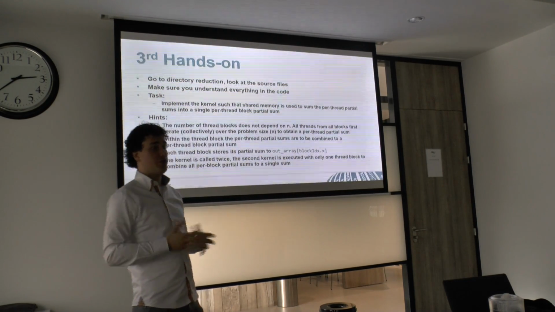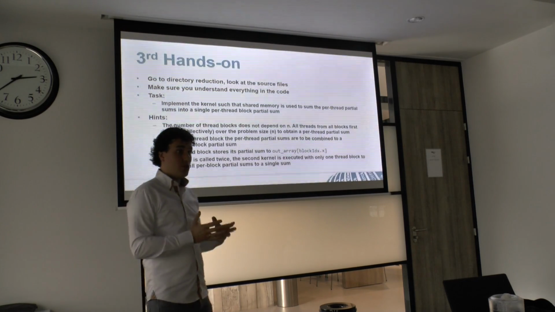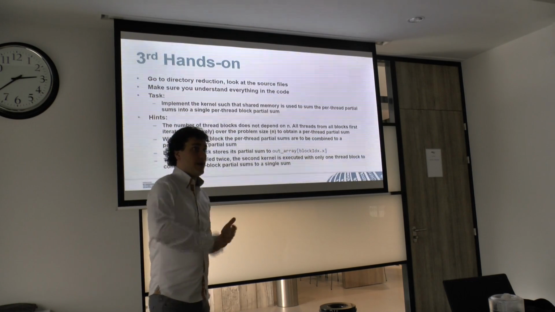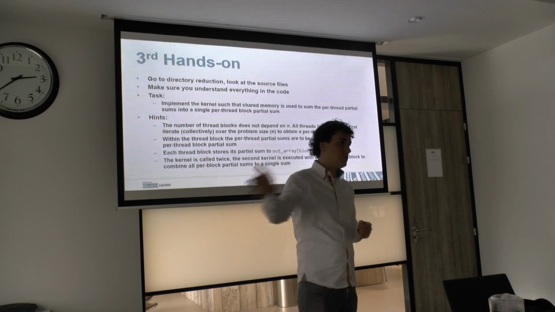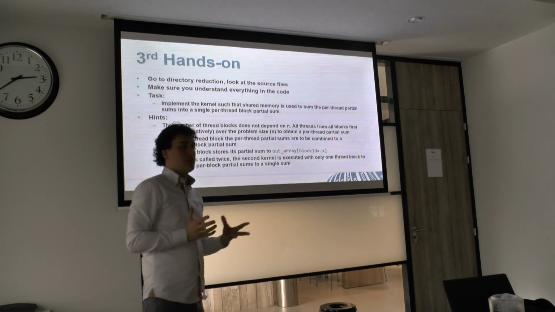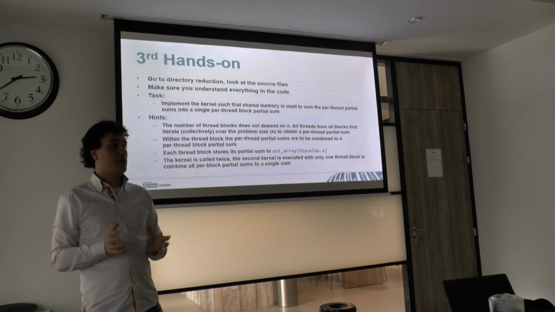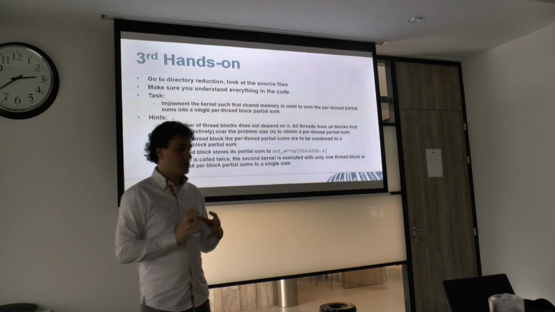All the threads start with a thread-local register that has a 0 value in the beginning, and then they add the values they come across in the input. So they sum multiple values, and what they have is a partial sum. After this stepping, all the threads have a partial sum of the input.